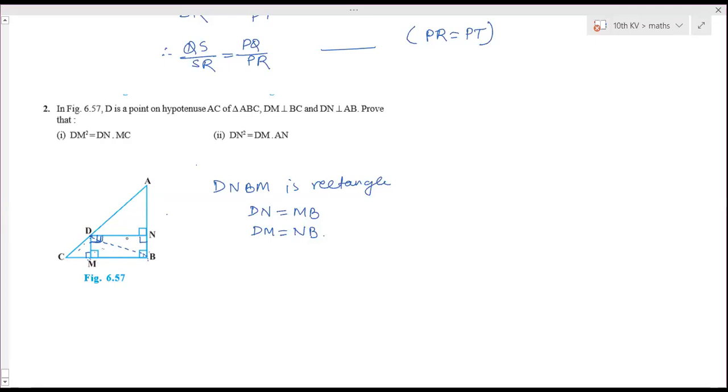Is it the same question or an older question? This is only perpendicular, 90 degrees. DM square is equal to DM into MC.